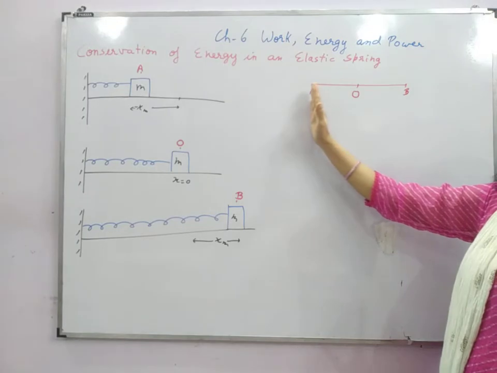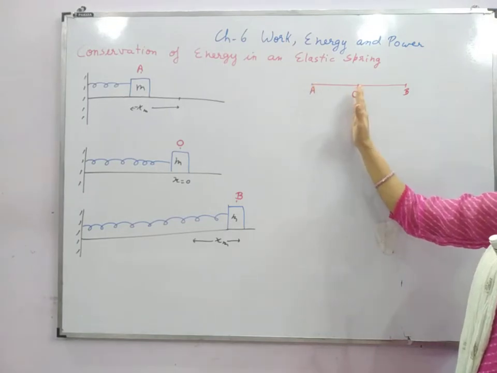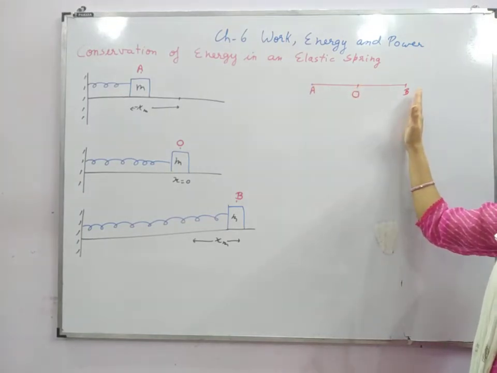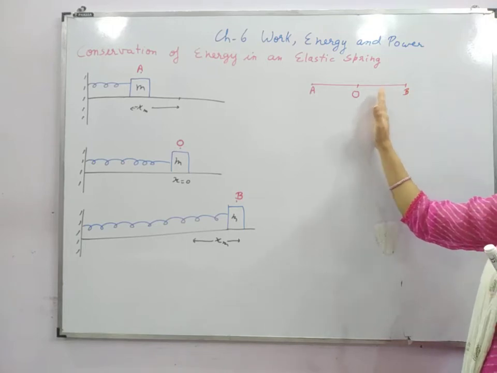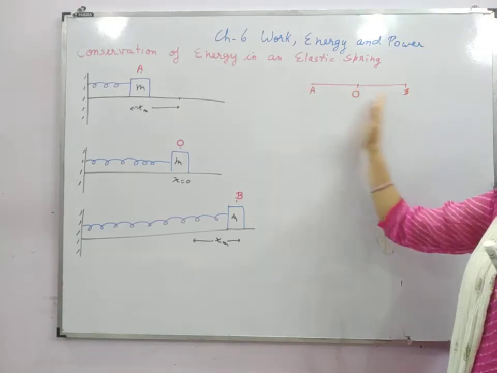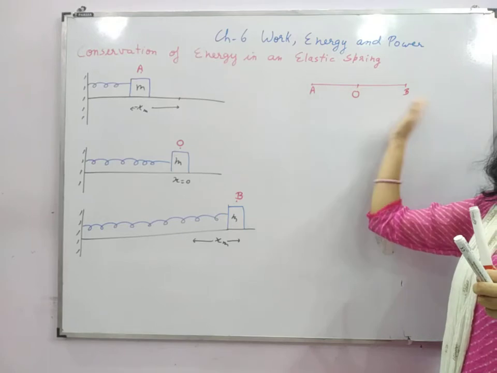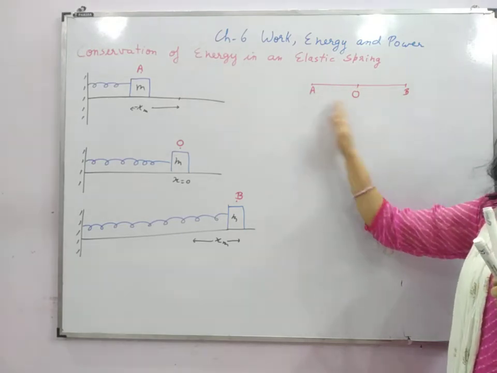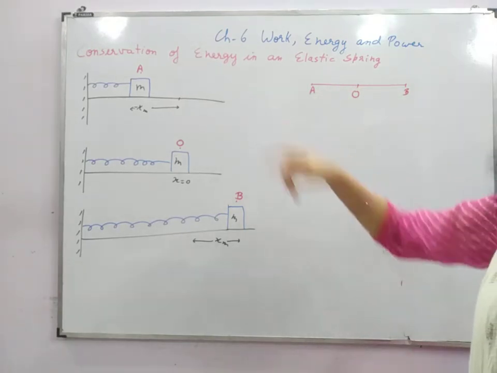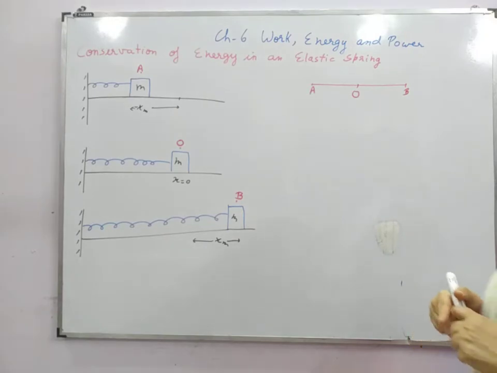So what is happening? We are compressing the spring. It comes back and crosses this position, reaches the maximum extended position, then again tries to reach here. Then this process continues in case there is no loss of energy, right? That means we are considering a frictionless surface.